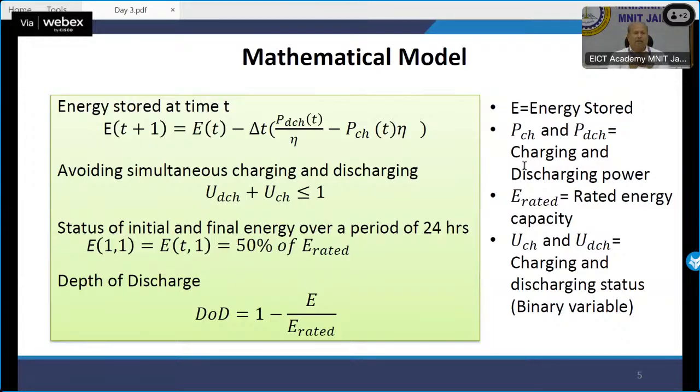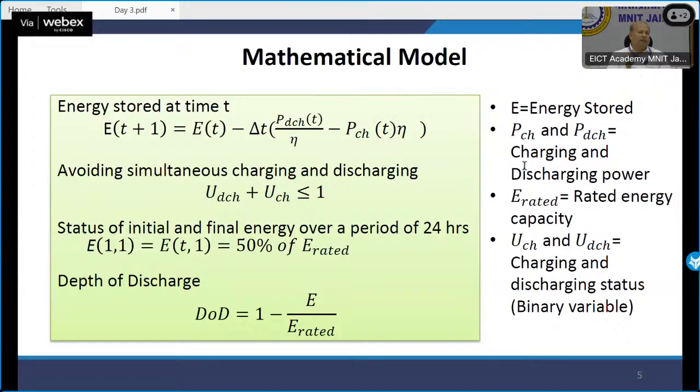So to not allow the battery to do simultaneous charging and discharging, we have introduced a constraint that UDCH plus UCH is less than or equal to 1. So these are the techniques I'm just helping you to understand. You can apply these methods to make sure that the battery is not getting charged and discharged simultaneously.